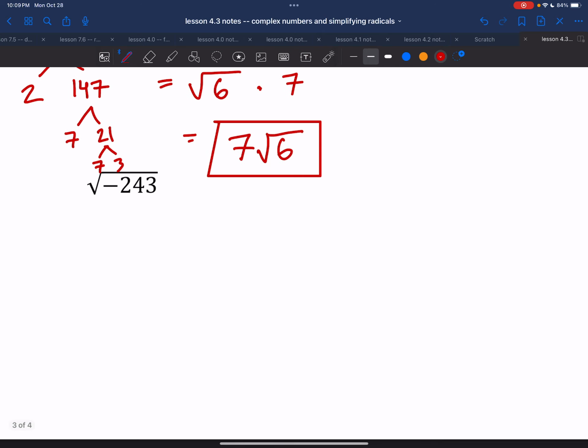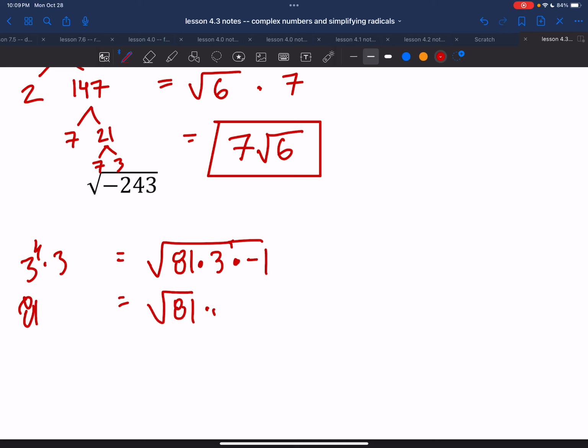Okay, negative 243. I'm a little lucky here because I know 243 is 3 to the power of 5. So that means it's 3 to the power of 4 times 3. And 3 to the power of 4 is 81, if you didn't know. So this comes out to 81 times 3 times negative 1. I'm separating these all.